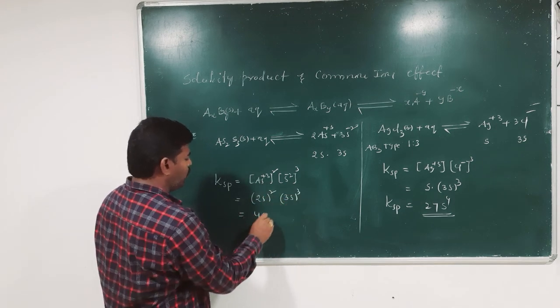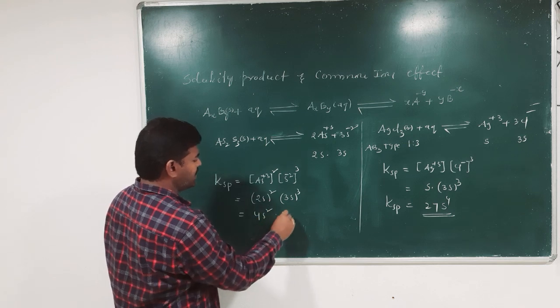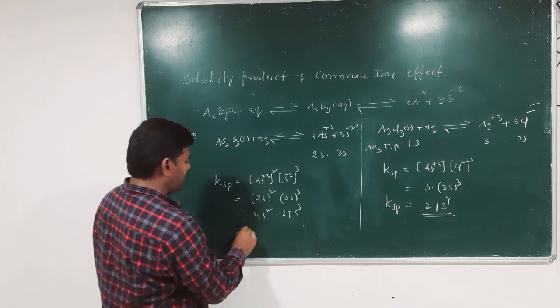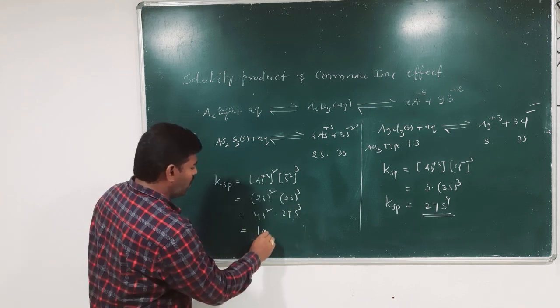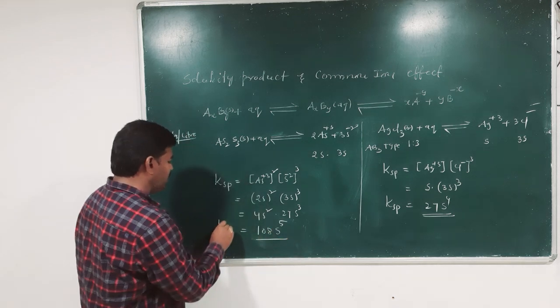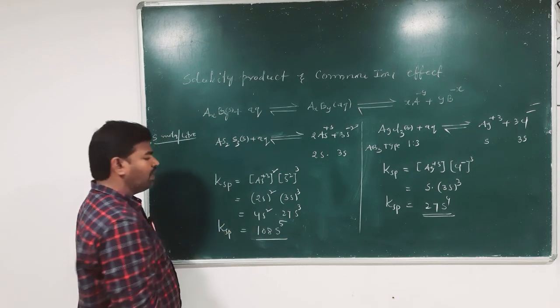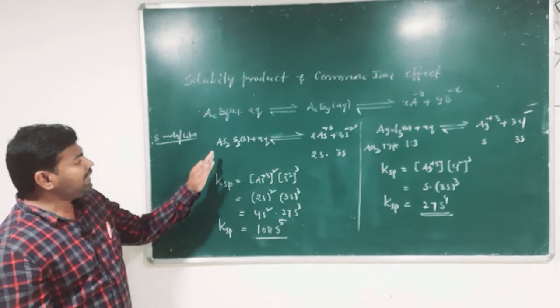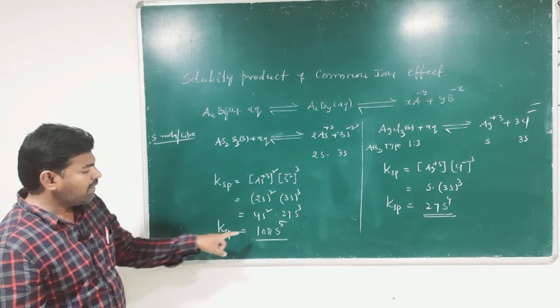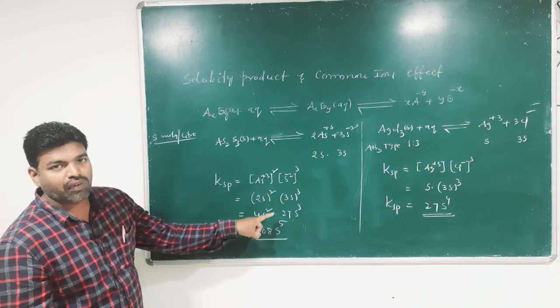This is 4S square and this is 27S cube, which gives 108S to the power 5. So the solubility product for an A2B3 type of electrolyte or salt is 108 S^5.